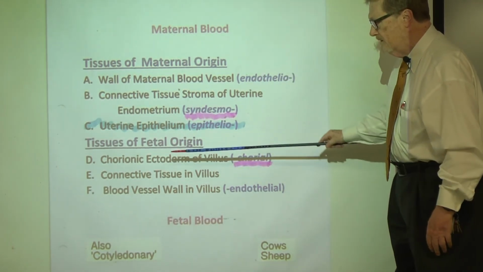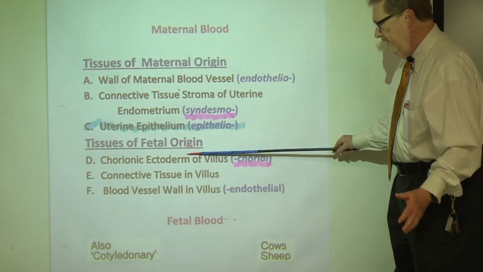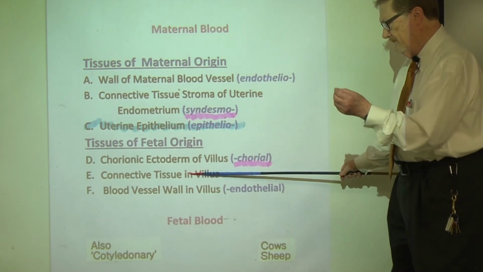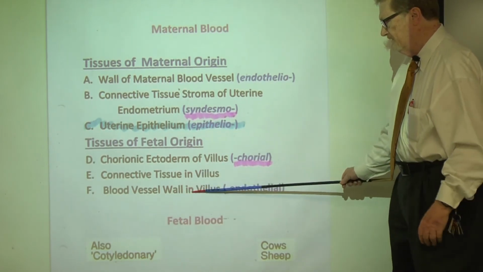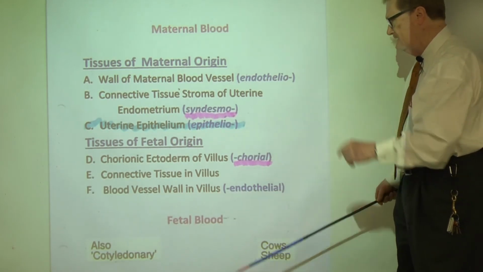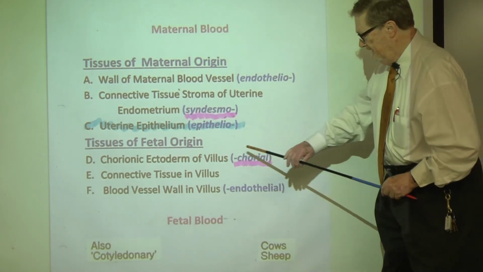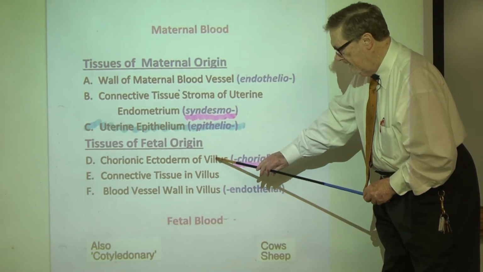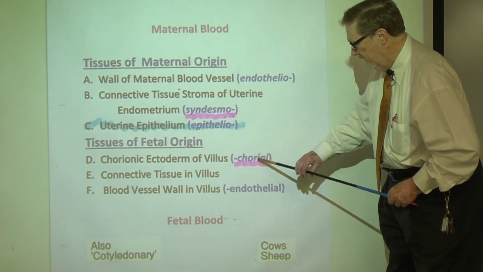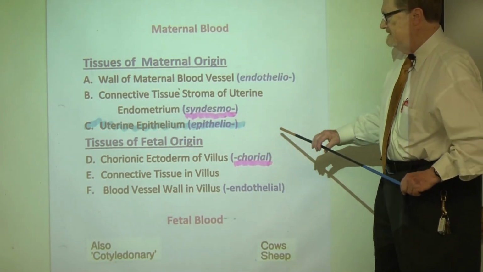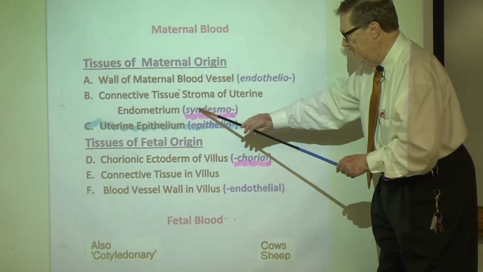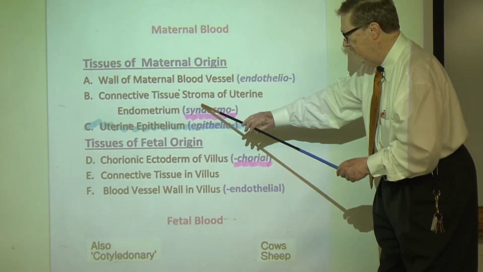But all three layers of the villus are still there. The outer chorionic ectoderm is still there. The connective tissue up inside it is still there. And the blood vessel wall of the fetal blood vessel up inside the villus is still there. So this layer, the chorionic ectoderm, whose suffix is -chorial, is adjacent to this layer of maternal tissue, this connective tissue.